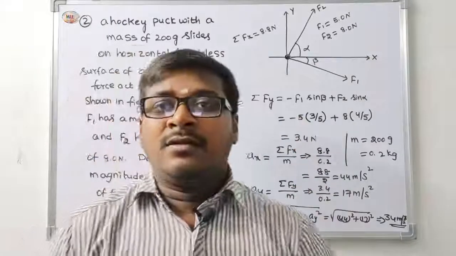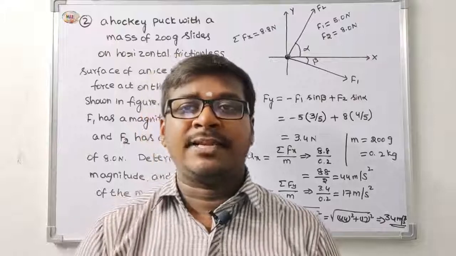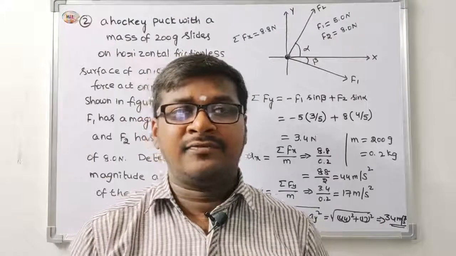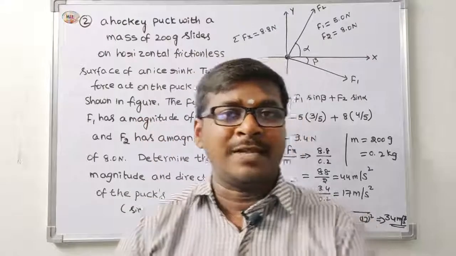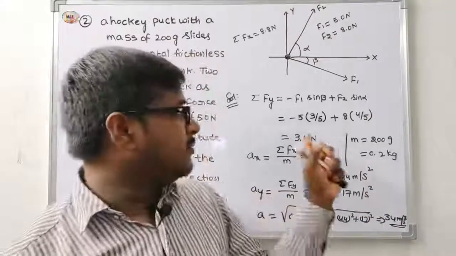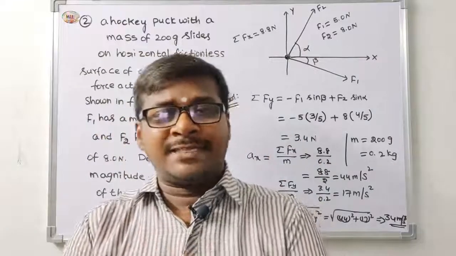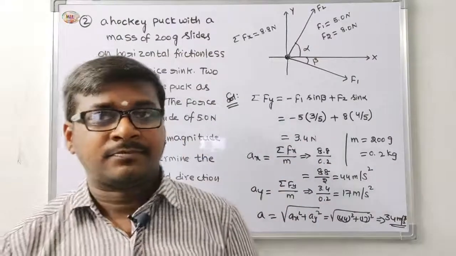The resultant of forces, delta F, is equal to F1 plus F2 plus F3 and so on up to Fn. In this one, sigma Fx is equal to F1x plus F2x.